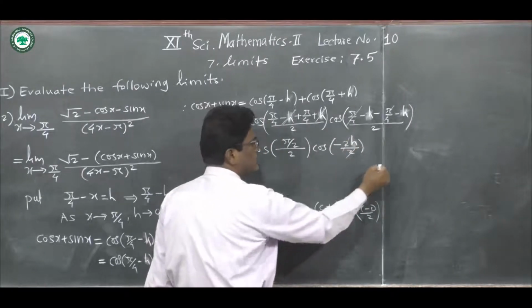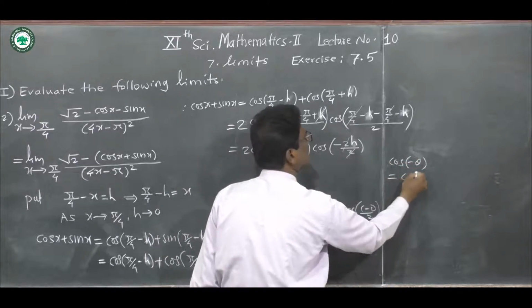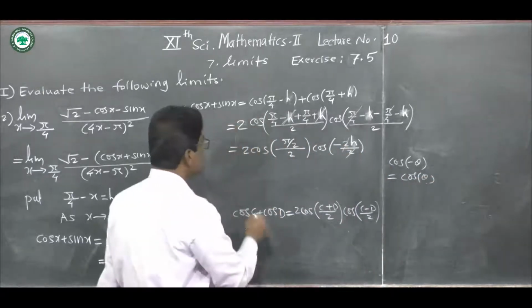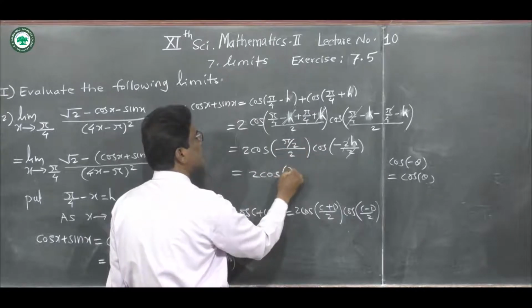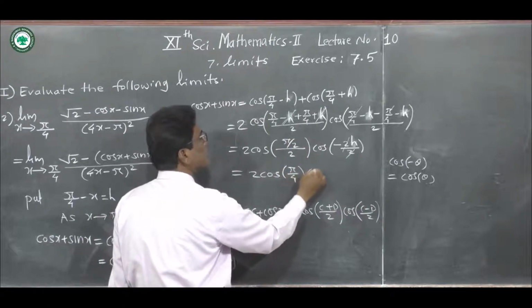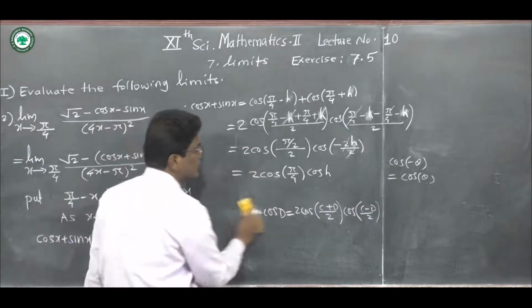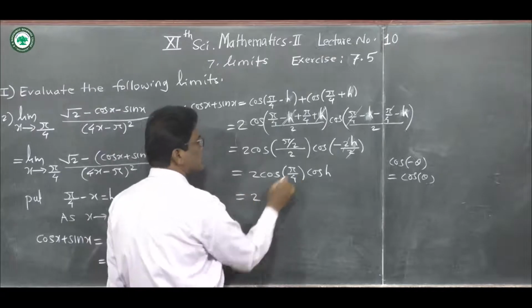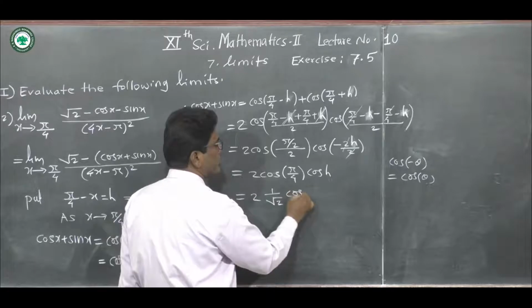And we know that cos of minus theta is equal to cos theta. So we get 2 times cos of pi by 2 upon 2, that is pi by 4, into cos of h. Okay, so this is equal to 2 cos of pi by 4, which is 1 upon root 2, into cos of h.